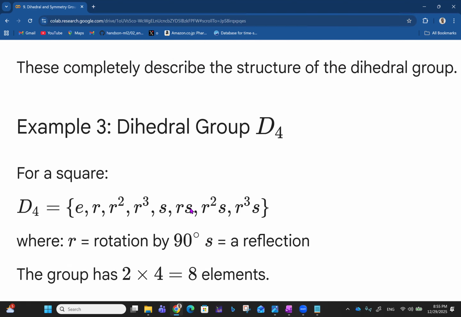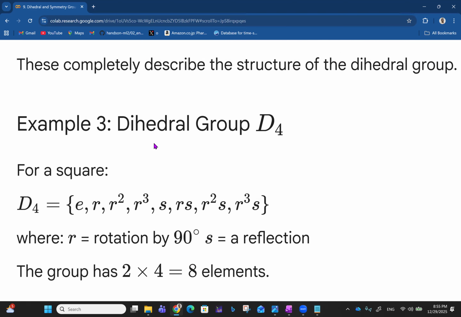So let's look at example 3 now. Dihedral group D4, and that means a square. D4 has the identity element, R1, R2, R3, which are the 4 rotations. And for the 4 reflections, you have the first reflection S, rotation by reflection RS, rotation squared by reflection, and rotation cubed by reflection.